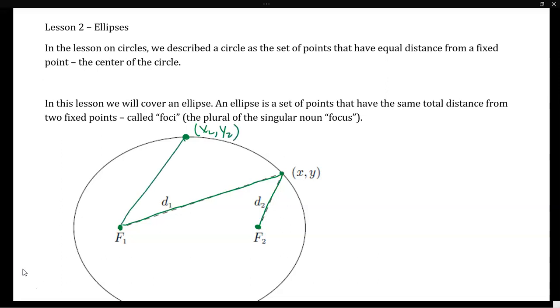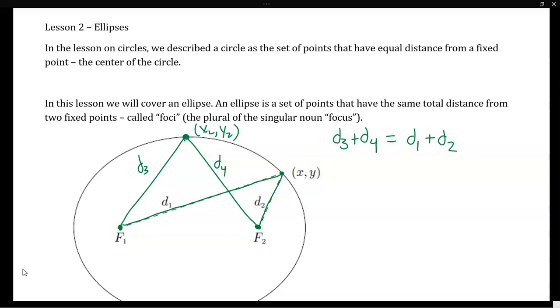Then these two other green lines that I'm drawing, we'll call D3 and D4. What's true about an ellipse is that D3 plus D4, which again is just two distances, is going to be equal to whatever D1 plus D2 equals. And that's the property of an ellipse.